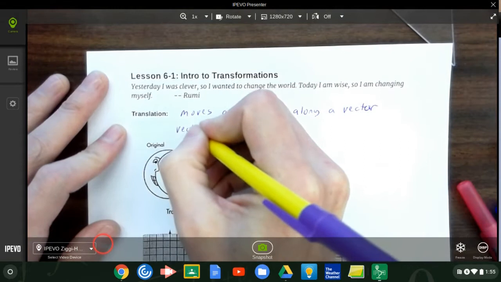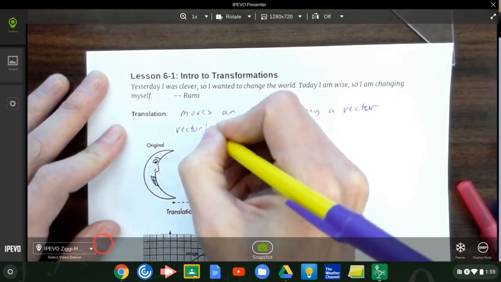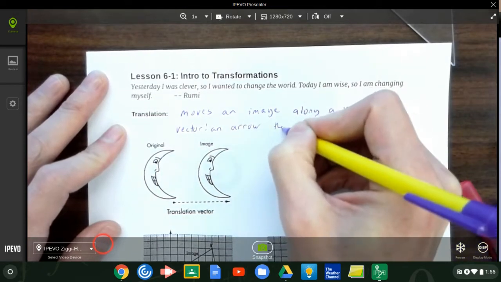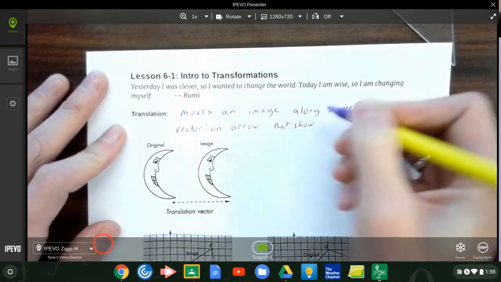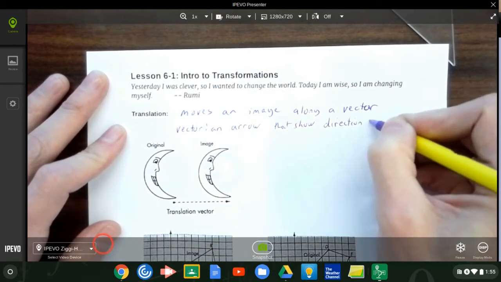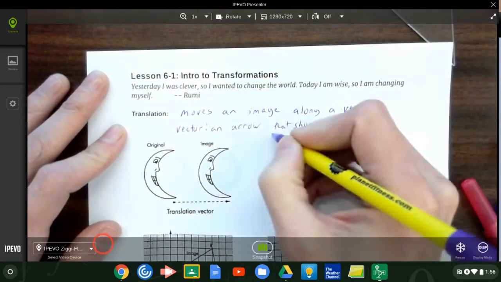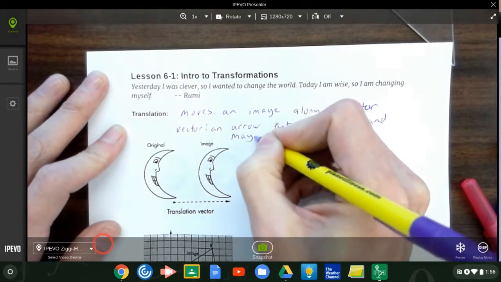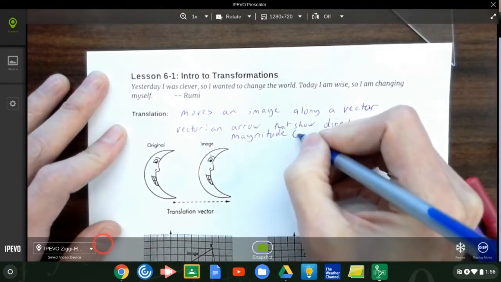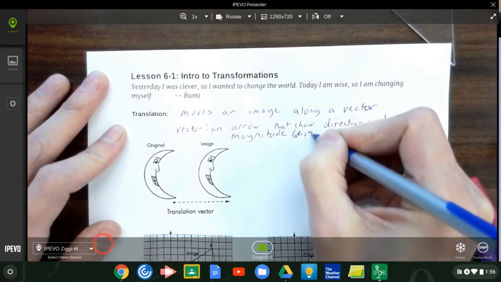A vector is basically represented by an arrow that shows direction and magnitude. That's a fancy word to basically say distance.